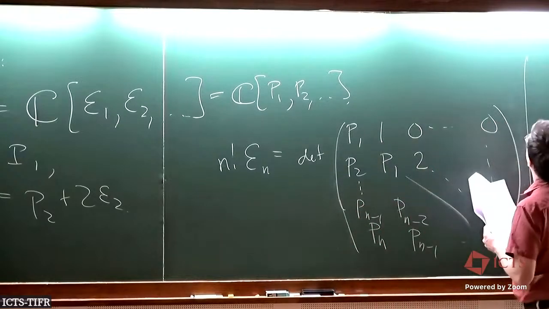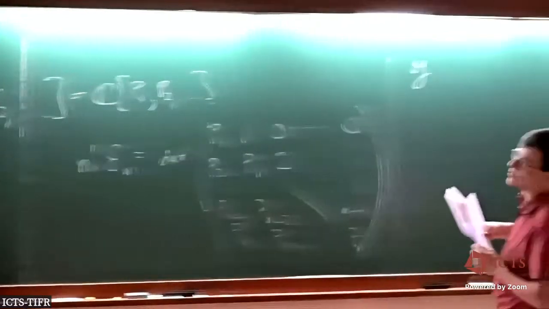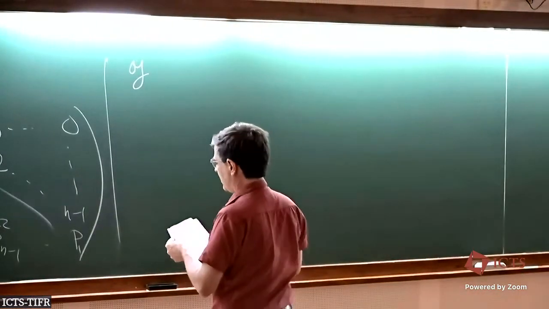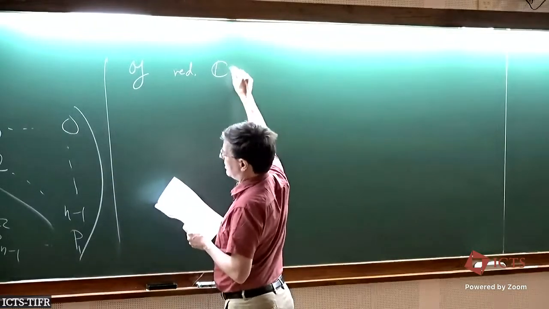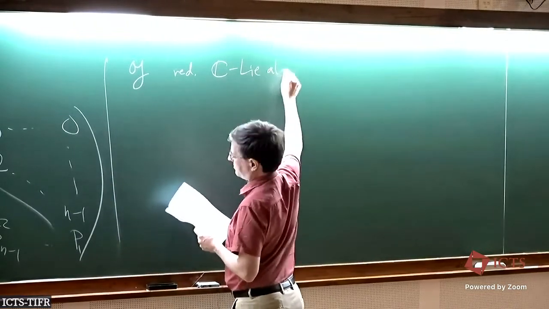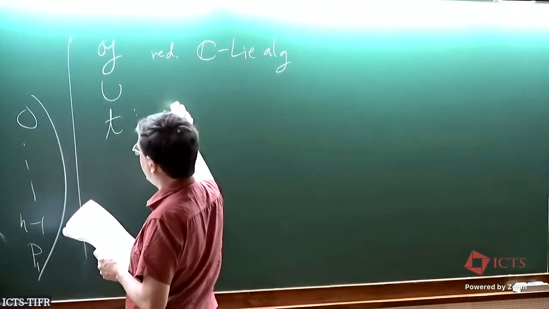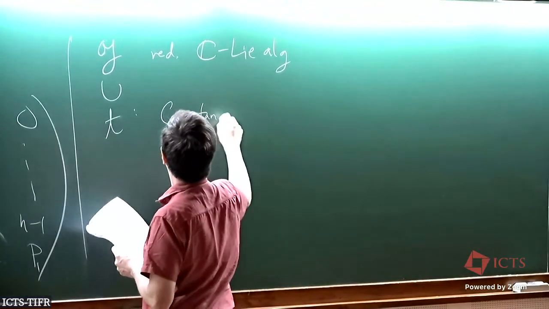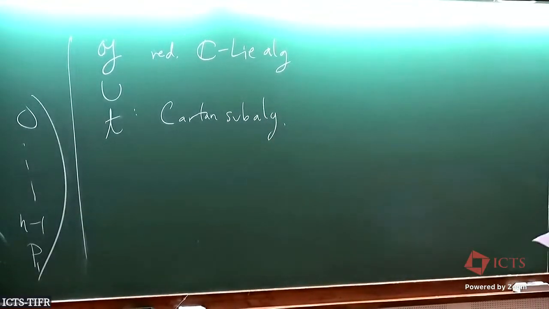Now let's let G, so I want to talk about weights of representations. So let's let G be a reductive, let's just say complex Lie algebra. And inside that I'll fix a Cartan subalgebra.